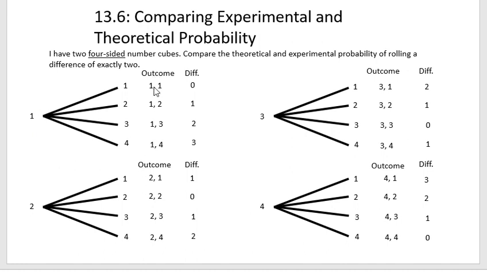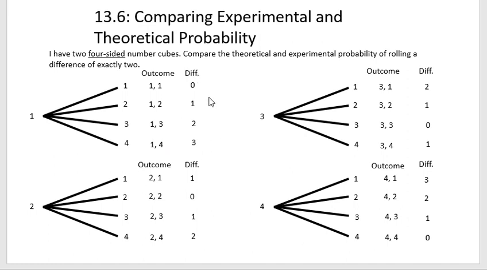And here I've listed the outcomes as pairs. So 1, 1, 1, 2, 1, 3, 1, 4. And here I've listed the difference. The difference between 1 and 1 is, of course, 0. 2 minus 1 is 1, 3 minus 1 is 2, and 4 minus 1 is 3. That's where these numbers come from.